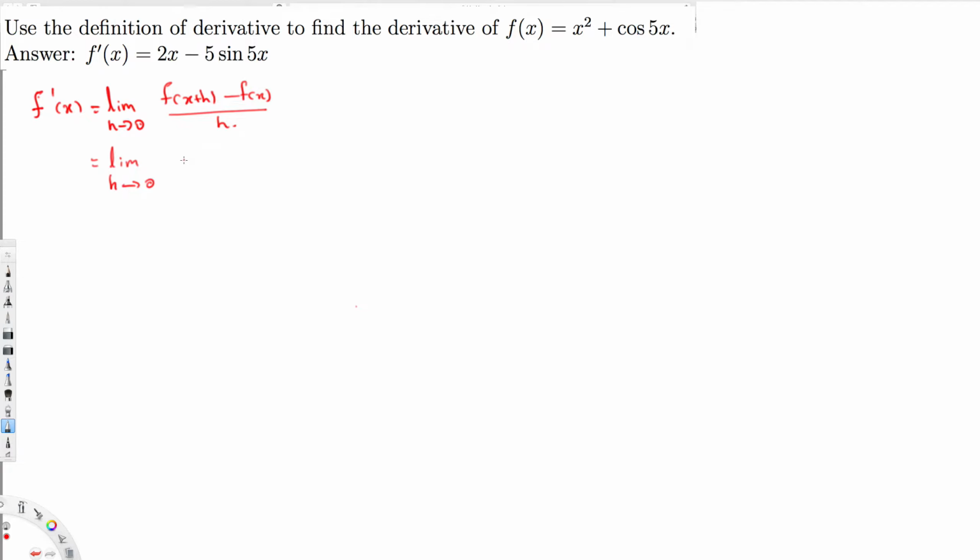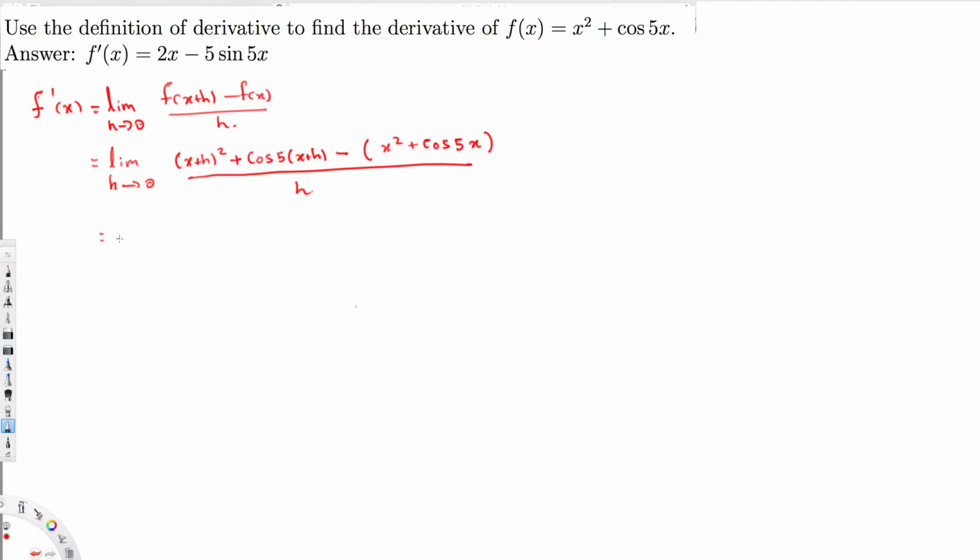So if I plug that in, I will get x plus h square plus cos 5x plus h. Then we have minus f of x, so it's going to be the same, x square plus cos 5x, over h.